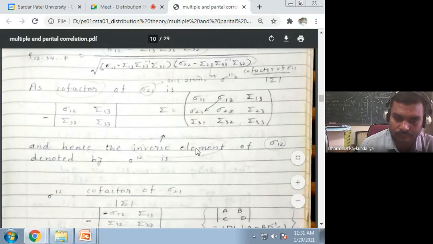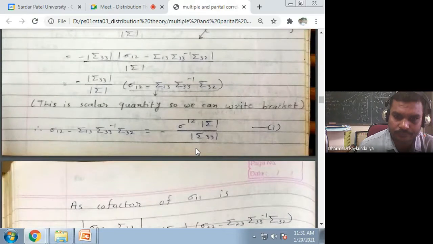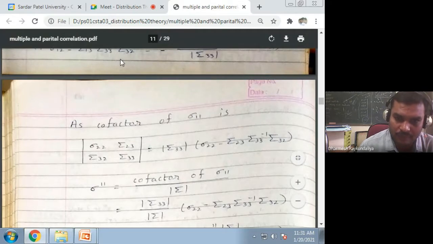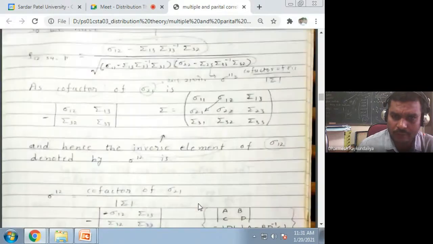Similarly, if I wish to find out the variance, what is the cofactor of sigma 1 1? If you have to find the inverse of sigma 1 1, you require the cofactor of sigma 1 1 divided by the determinant of sigma. So again we go back to this.